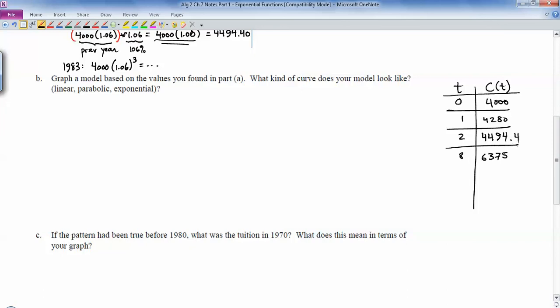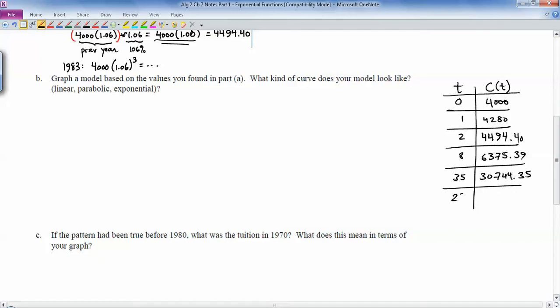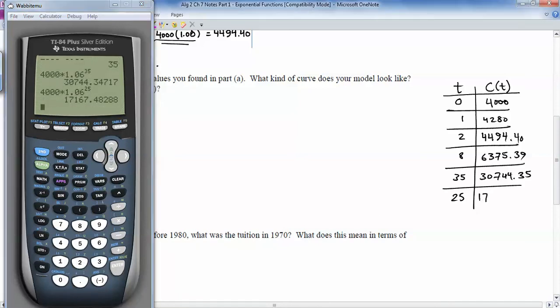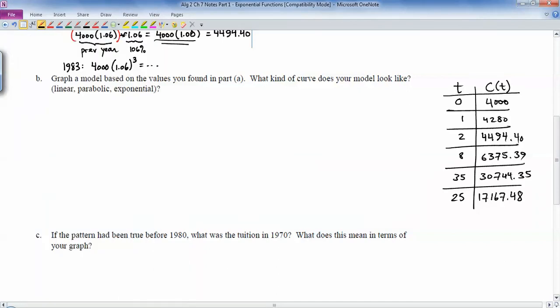When t was 35, we had 30,744.35. I'll throw in one more. Let's do 25 also. So if we do 25, we've got 4,000 times 1.06 to the 25, and that ends up being $17,167.48. Okay, so that's enough to create a table, or a chart here, a graph.